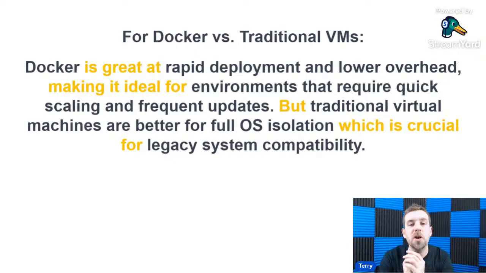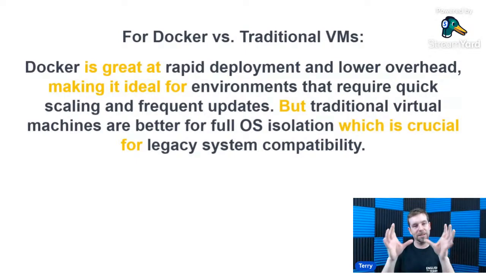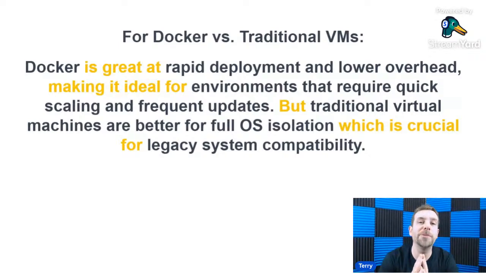So for Docker versus traditional VMs, Docker is great at rapid deployment and lower overhead, making it ideal for environments that require quick scaling and frequent updates. But traditional virtual machines are better for full OS isolation, which is crucial for legacy system compatibility.